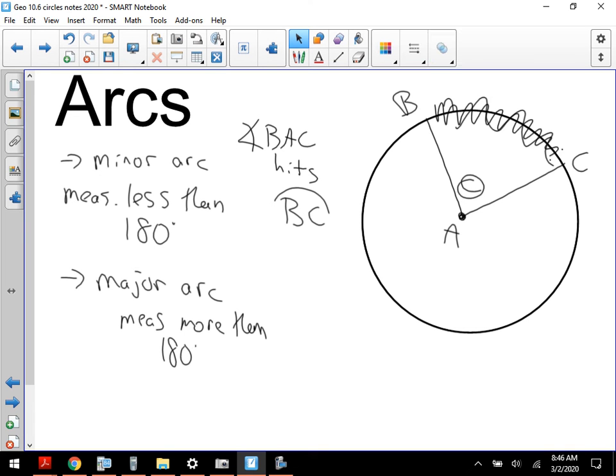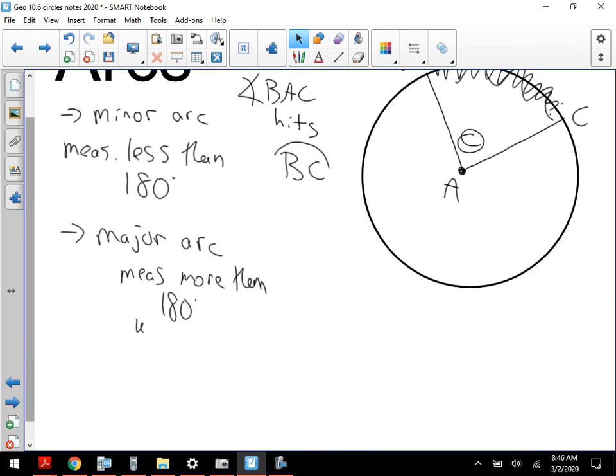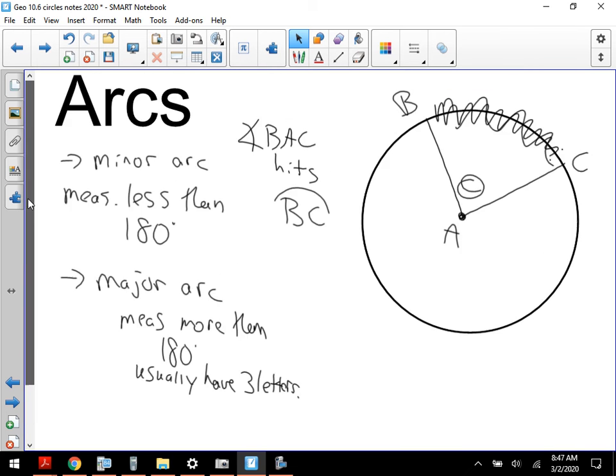Major arcs measure more than 180 degrees, and these guys usually have 3 letters. And we'll get to how all of it works here in a second.